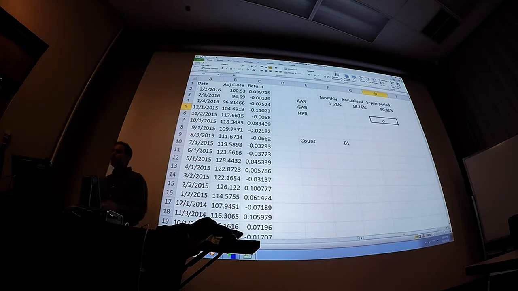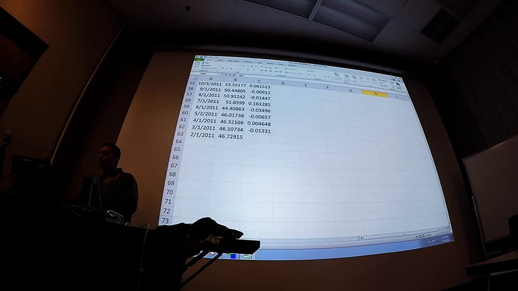The holding period return is just the return over the full 5-year period. Using the same idea, I take my ending price minus my starting price, but now not the price one period before. For the whole 5-year period, the starting price is whatever price we started with back here at the very beginning.